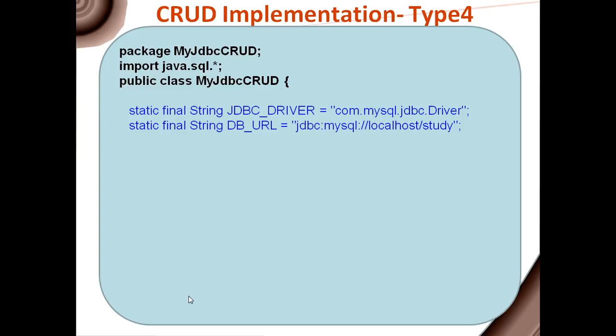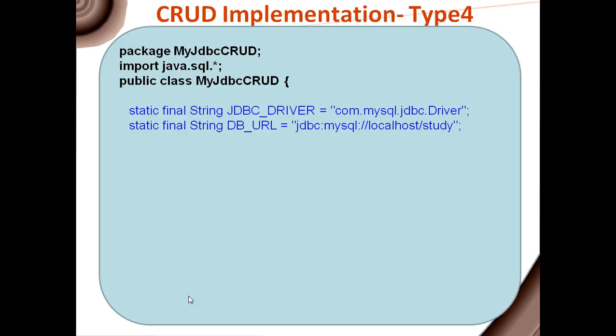Just to keep things simple in this presentation, the main is part of this class. This is not the ideal position. It should be in another class, and you should access my JDBC CRUD from that class. But to make things simple, we have written main in this class itself. So the package is my JDBC CRUD.